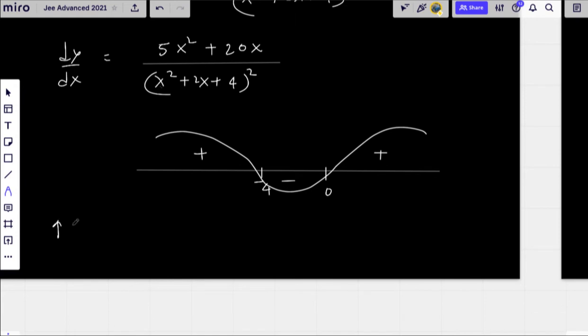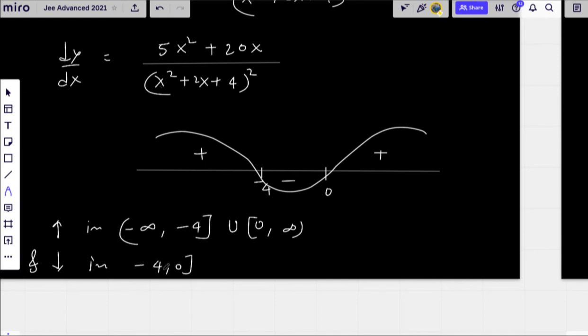So increasing in the interval minus infinity to -4, closed, union 0 to infinity, clear, and decreasing in the interval -4 comma 0, which we can say is a closed interval. Okay, this is the decreasing part.